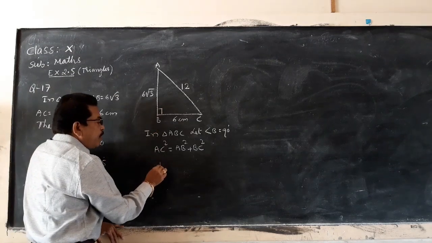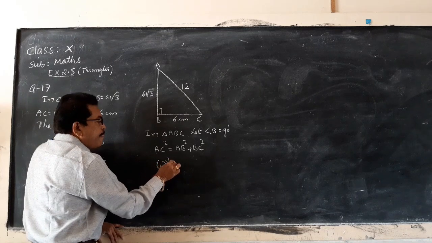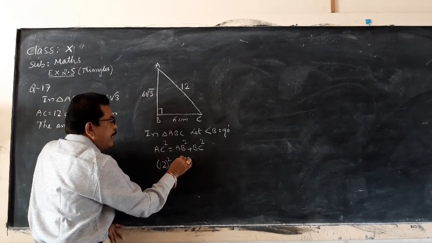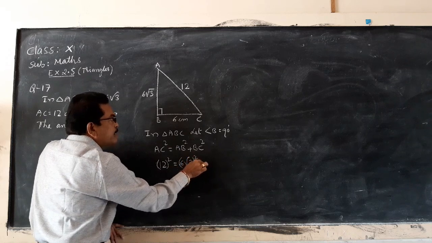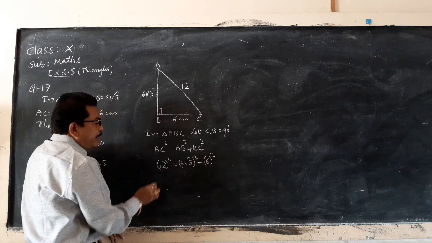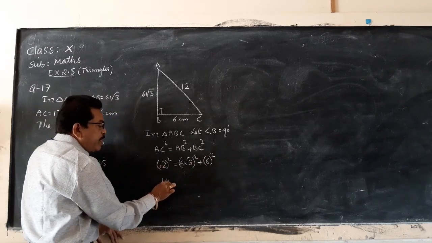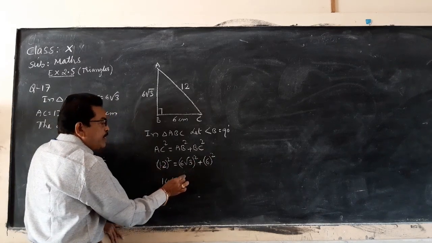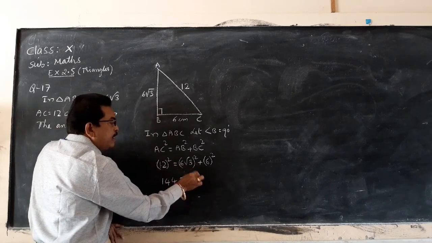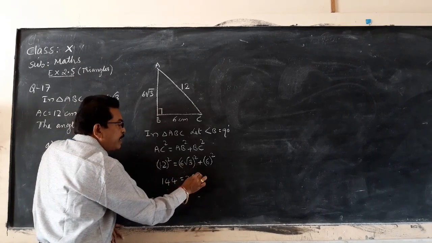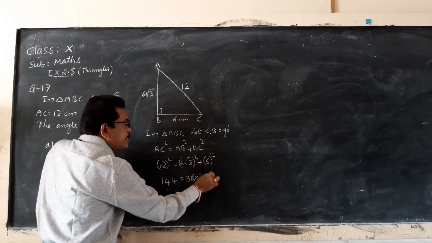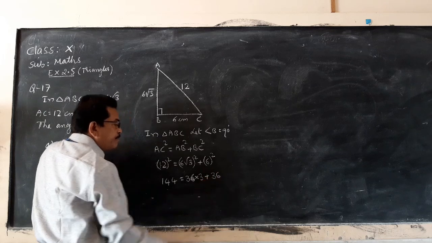AC is 12, AB is 6 root 3, plus BC is 6 square. 12 square is 144. 6 root 3 squared is 36 into the square of root 3, which means 3, plus 6 squared is 36.